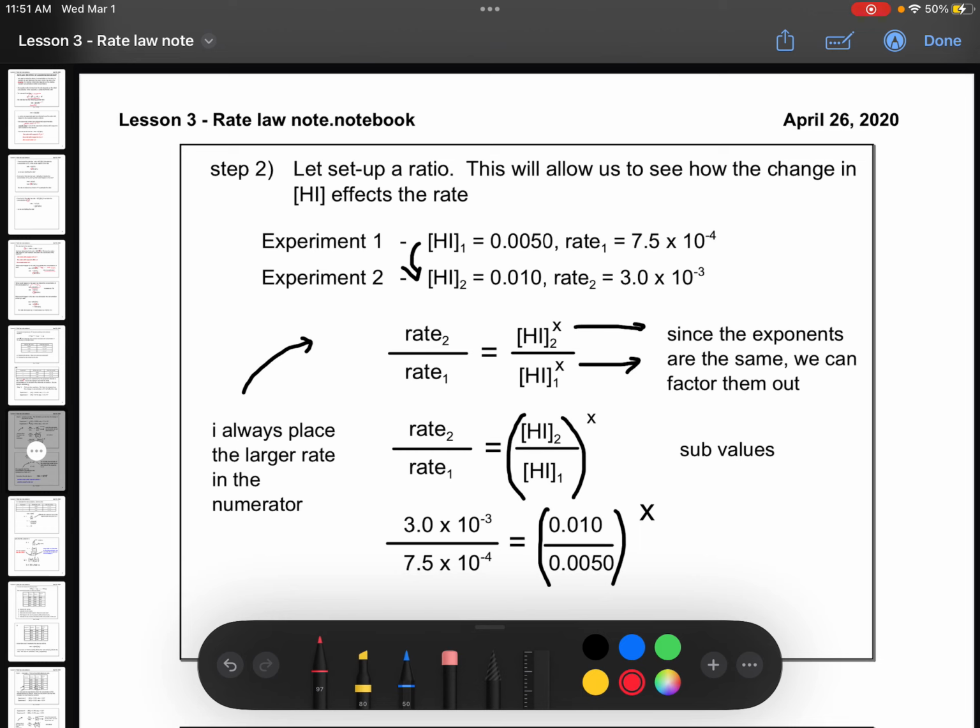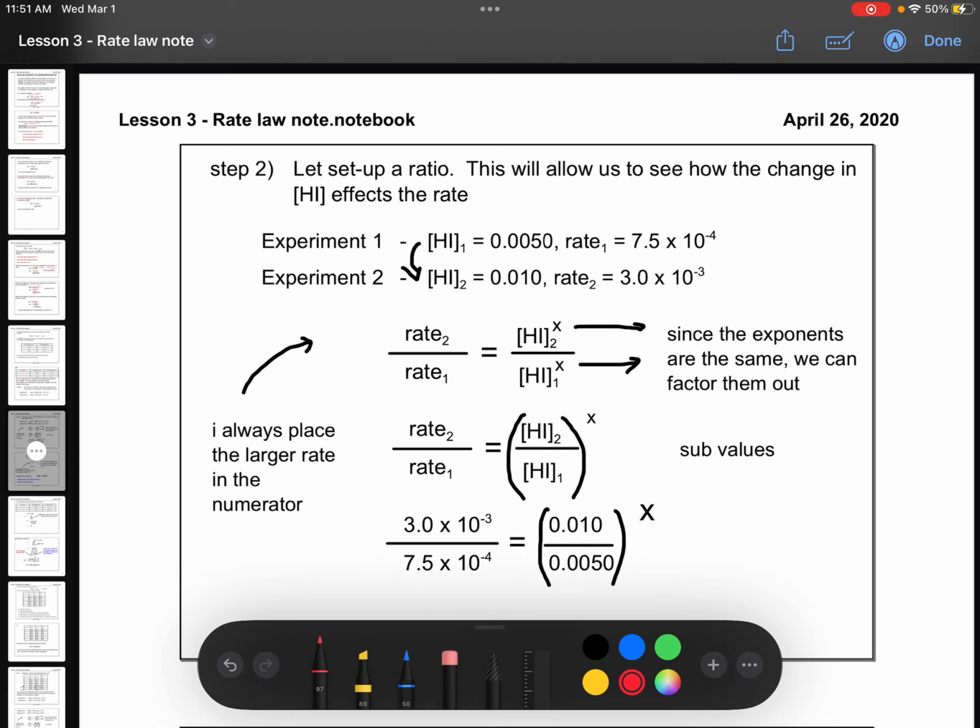One important thing is I always place the larger rate in the numerator and the smaller in the denominator. That is just what we do. So we're going to factor out the x, so the x is on the outside of the brackets now, and we have the larger rate as the numerator.